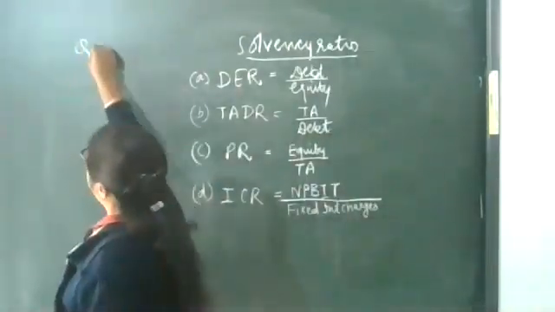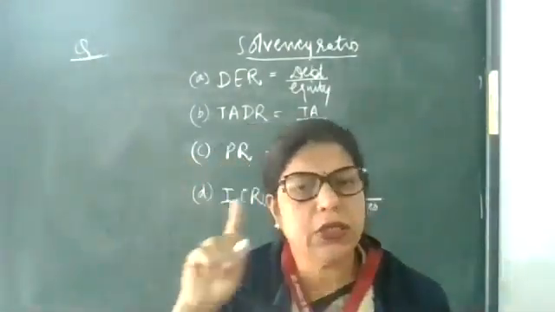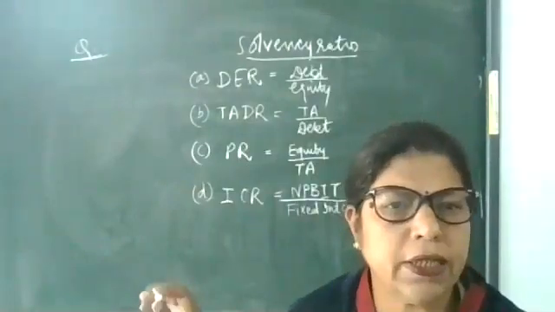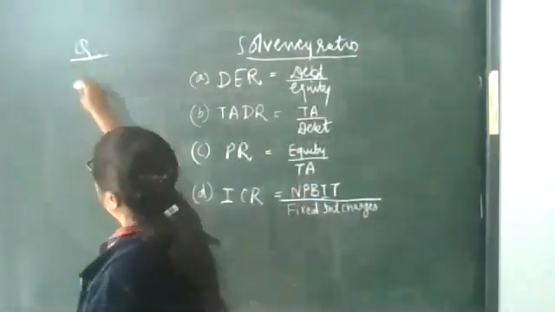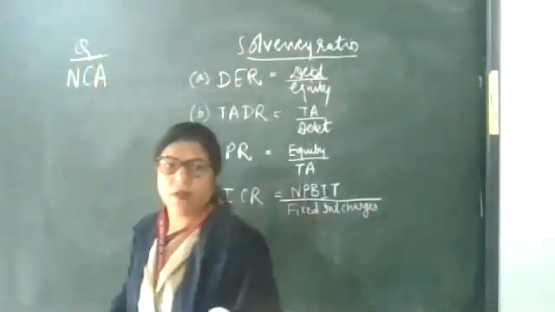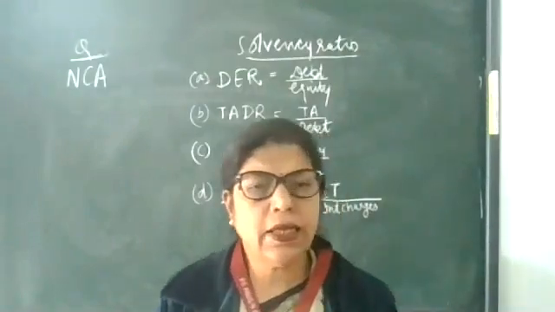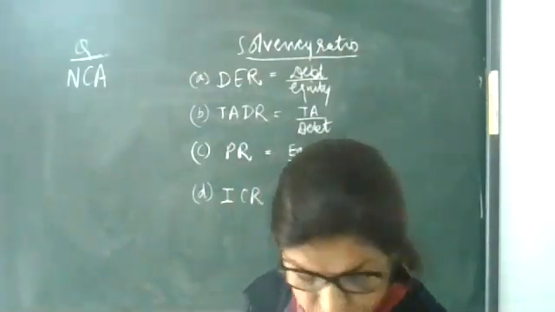This is the question. We will do it. Note down the question. In one question, we will get the complete detail. NCA means non-current asset.